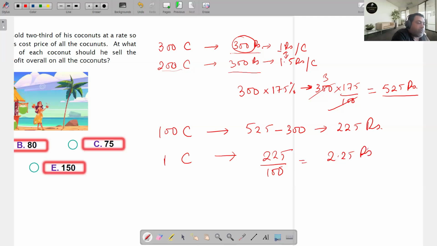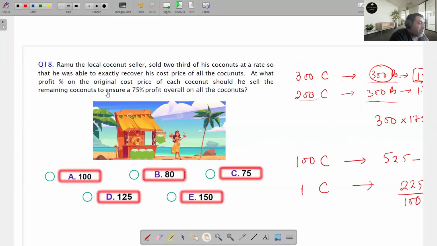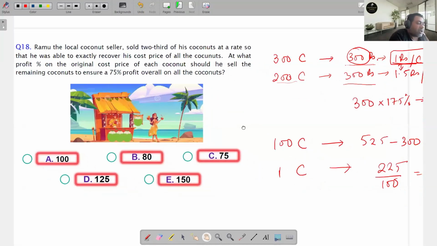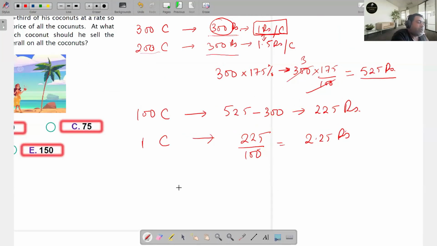His original cost price was 1 rupee, correct? All right. So at what profit margin on the original cost price of each coconut should he sell? The profit on each coconut in that case will be 2.25 minus 1 rupee, which is 1.25 rupees. This will be the profit on each coconut for the remaining 100 coconuts.